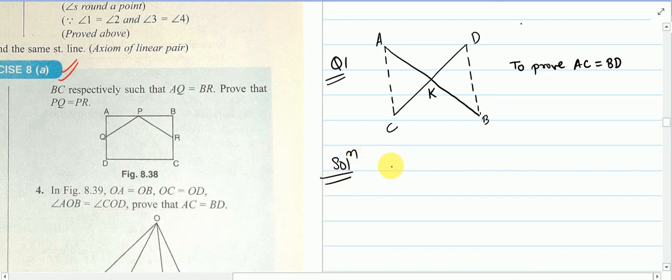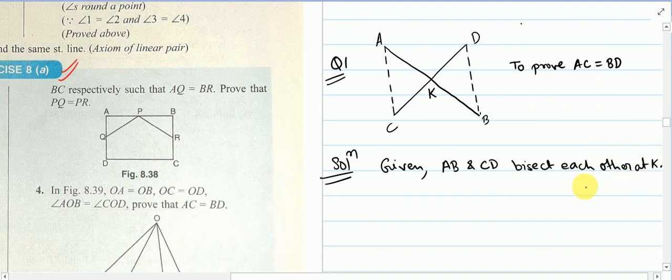So, given: AB and CD bisect each other at K. Yes, they are bisecting each other at K.